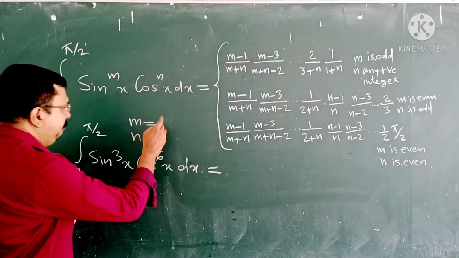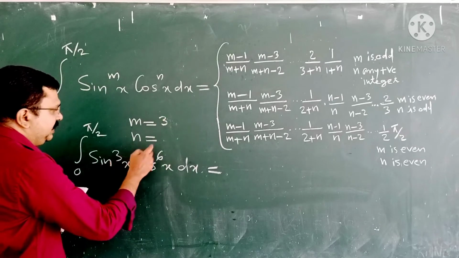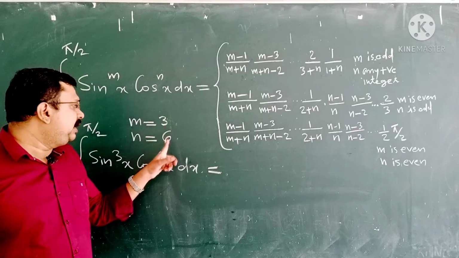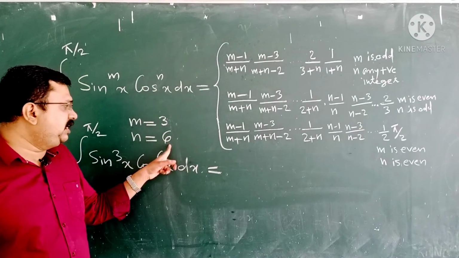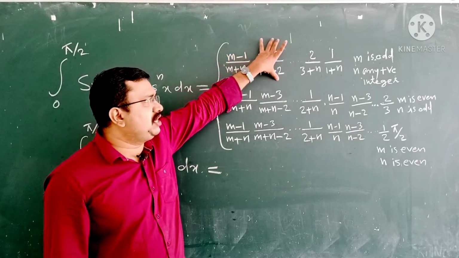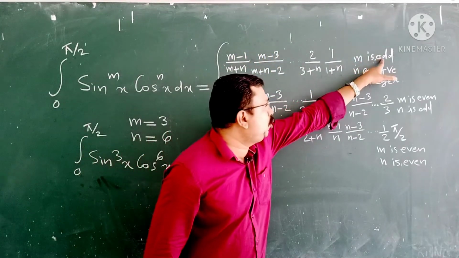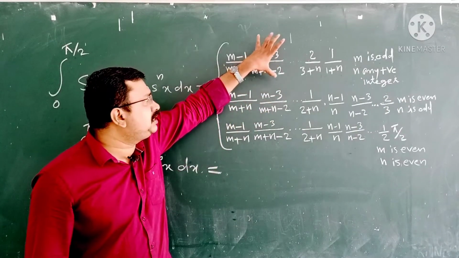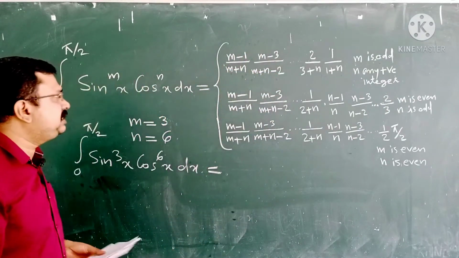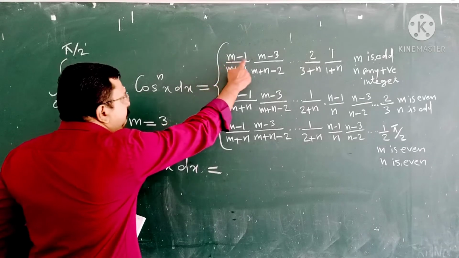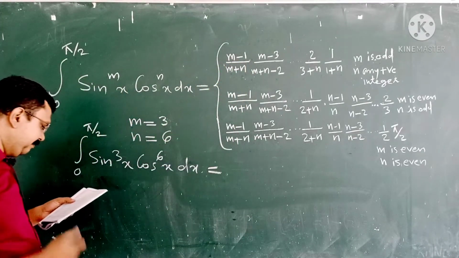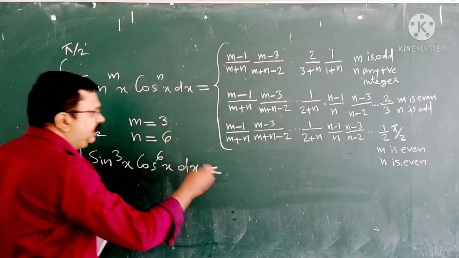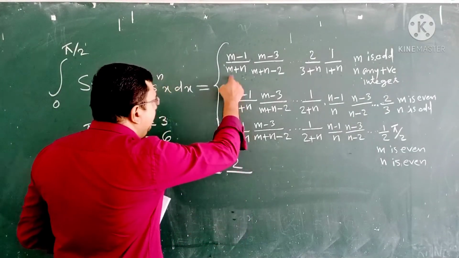Here our m is 3, n is 6. Remember that m is an odd number, n is a positive integer. Therefore, we may take the first case. Here m is odd, n any positive integer, therefore the first case is our answer, which is equal to first (m minus 1) by (m plus n). That is m minus 1, 3 minus 1, that is 2 by (m plus n).